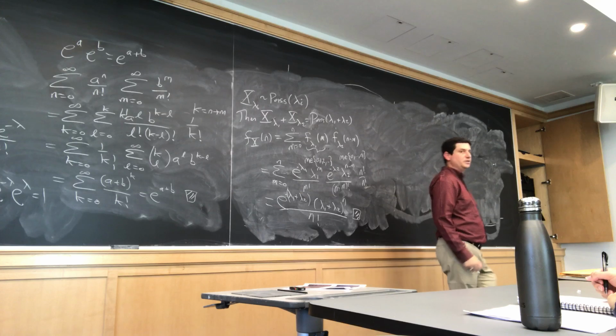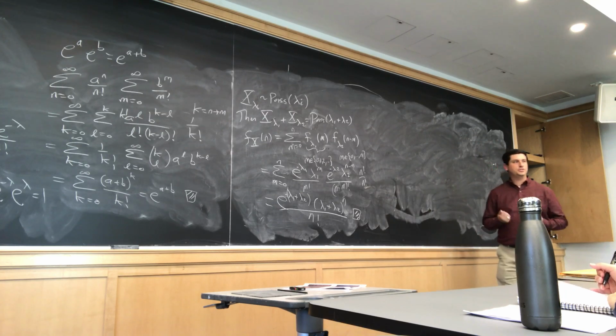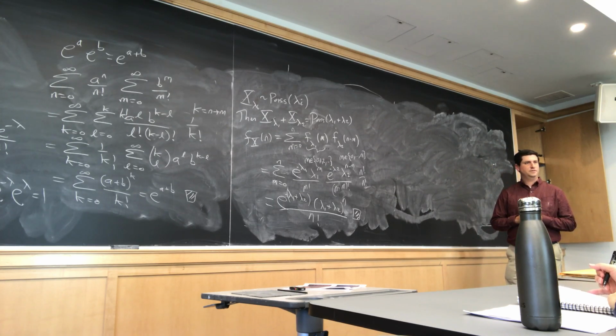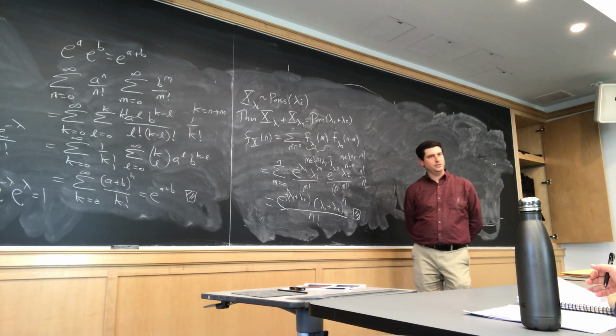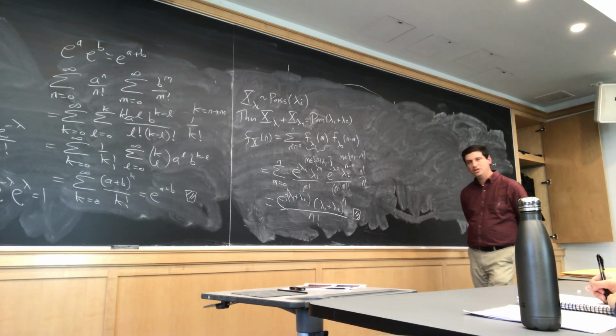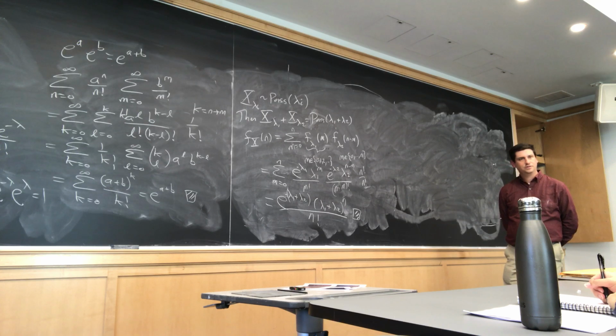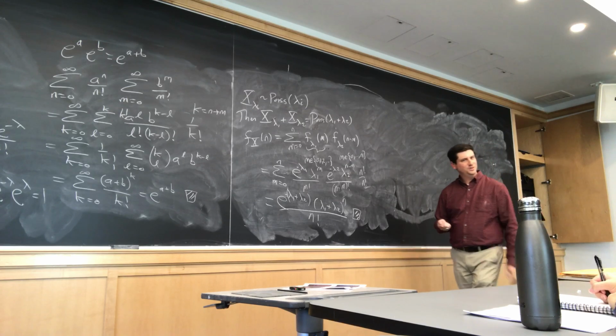So when the dust settles, you get that the sum of two Poissons is Poisson. So it's another stable distribution. The shape doesn't change. The parameter lambda changes. What happens if we keep taking more and more and more Poissons? What should it converge to?